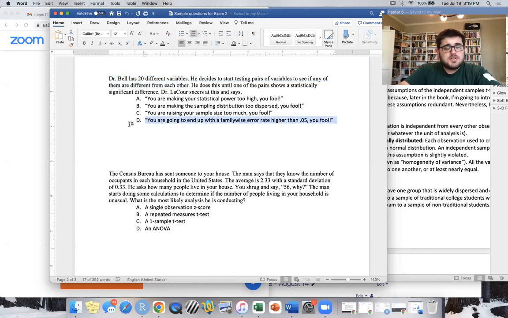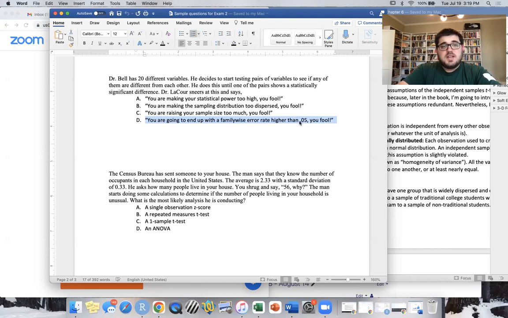Just a quick refresher on the family-wise error rate: when you're doing one test on your data, you have a 5% chance of making a type 1 error. A type 1 error is when you reject the null hypothesis, but you shouldn't have rejected the null hypothesis.